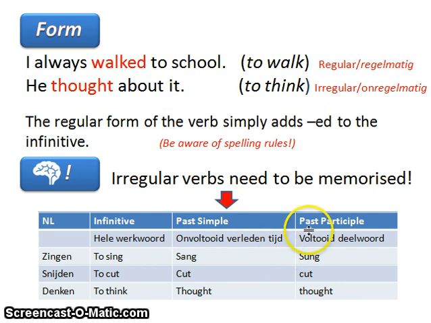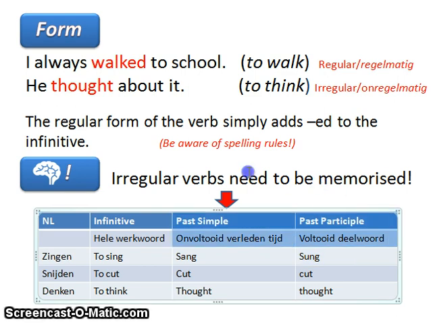And the third row is the past participle, which we used with the present perfect and the past perfect, the voltooid deelwoord. It is a very good idea to learn them all in a row, such as zingen, to sing, sang, sung. But very importantly, in the past simple, we only use the verbs in the second column.